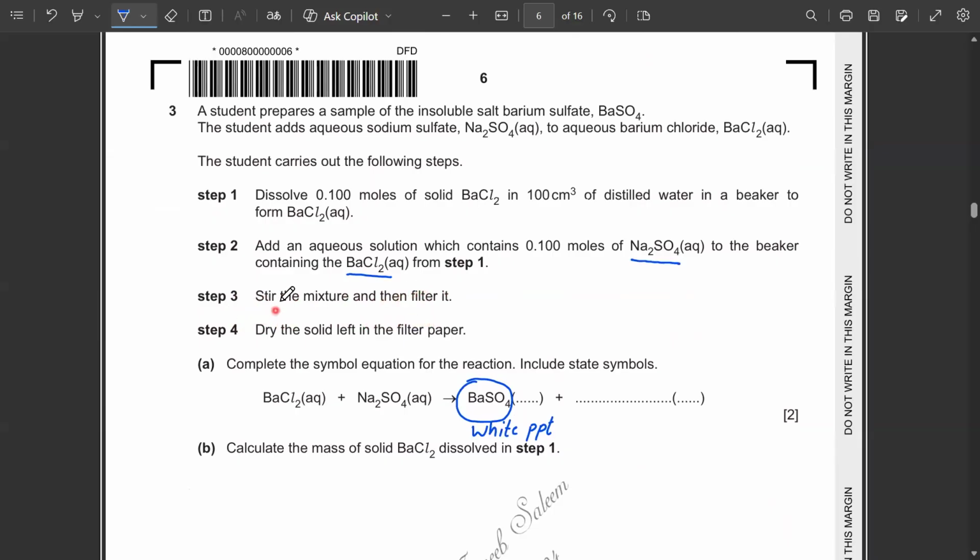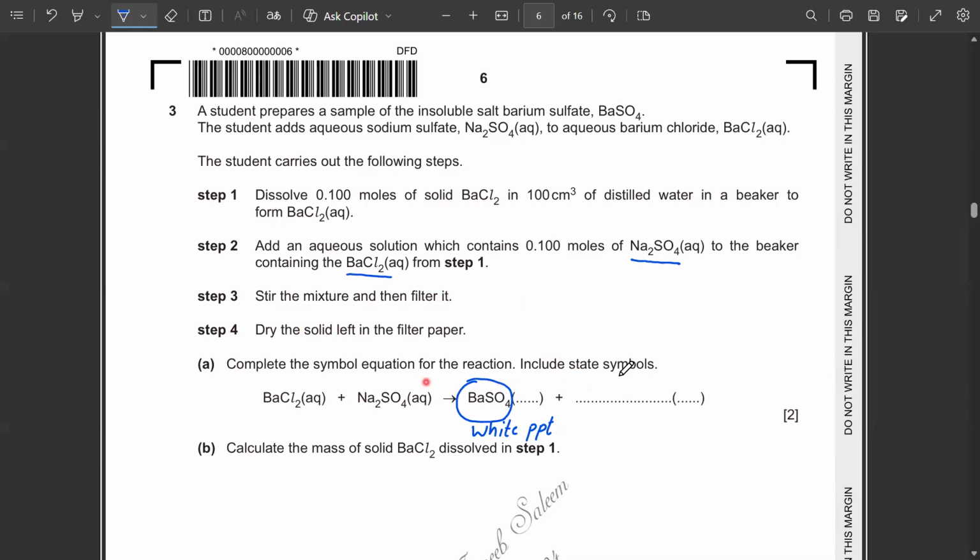Stirring is just for mixing the two solutions, and step 4 is to dry the mixture. It does not involve separation of the two products.